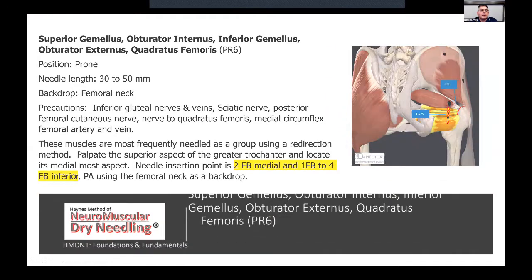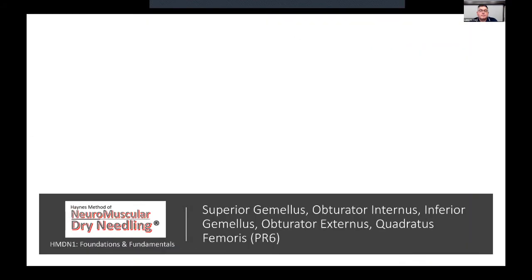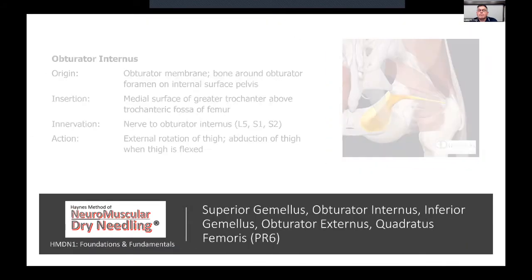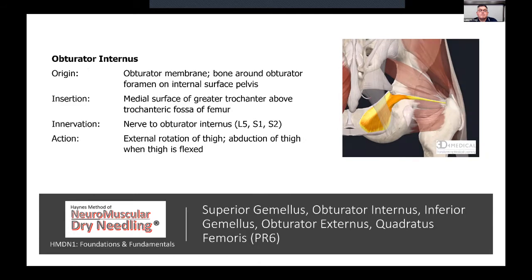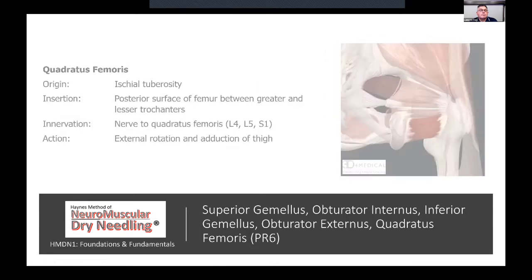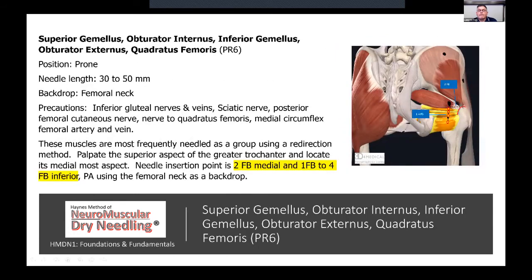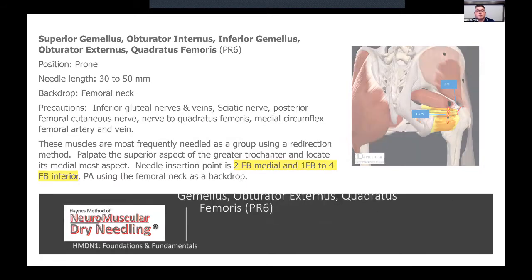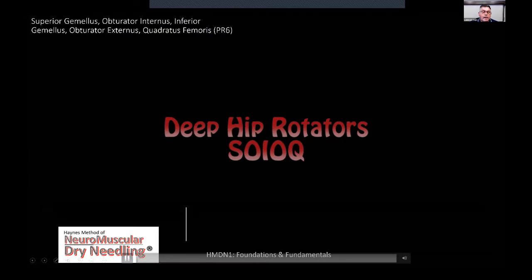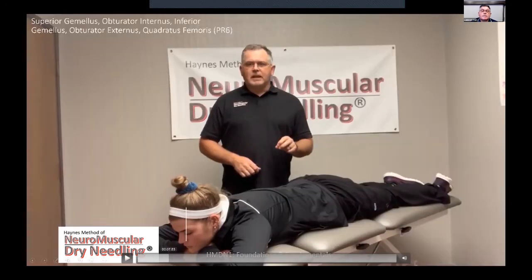So for the deep rotators, come all the way down here. Inferior gemellus, obturator internus, superior gemellus.